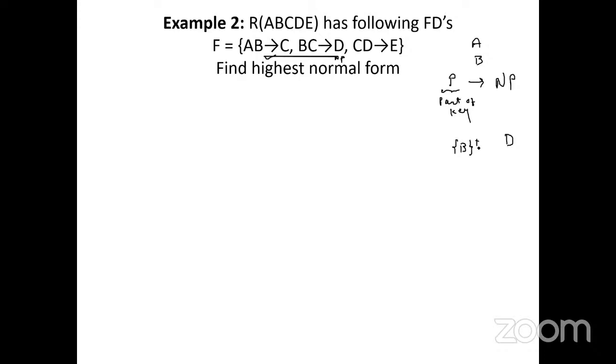if we get D in the result, then obviously we can claim that B gives D exists here, right? If B plus derives D, and B gives D is there, then obviously a non-prime depends on part of the key.